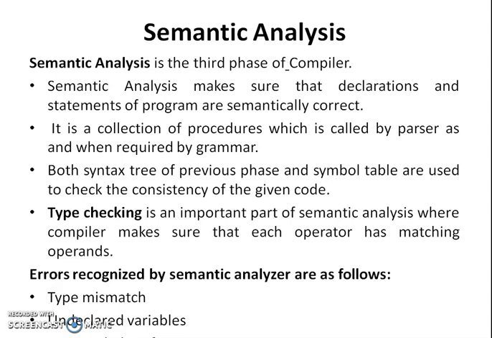The semantic analyzer also keeps track of all the identifiers, their types and their expressions, and whether the identifiers are declared before use or not. The semantic analyzer produces an annotated syntax tree as output, and various errors are also determined by it, for example if variables are not declared, data type mismatch, and many others.